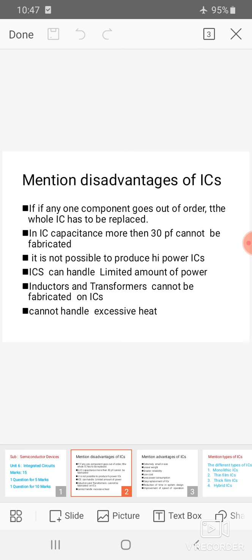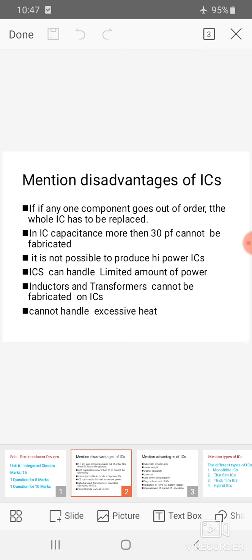Those components are not discrete, so we cannot remove one component and fix another, that is, we cannot replace the faulty component. That is not possible in the IC. If any component goes faulty, the whole circuit goes faulty, so we have to replace the IC itself.